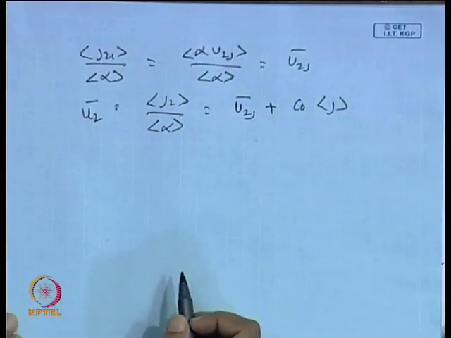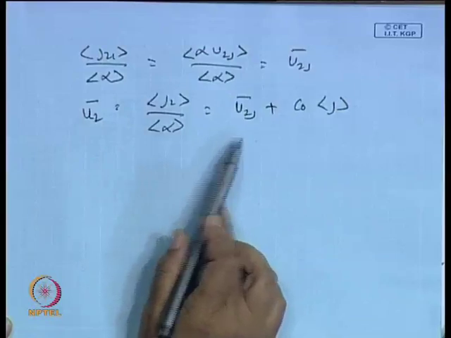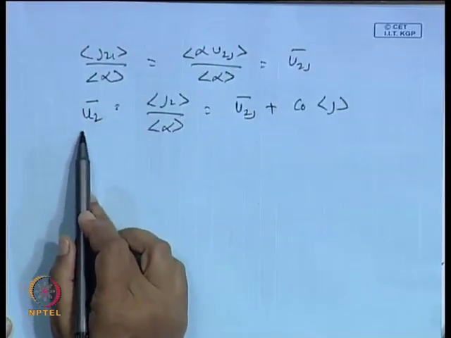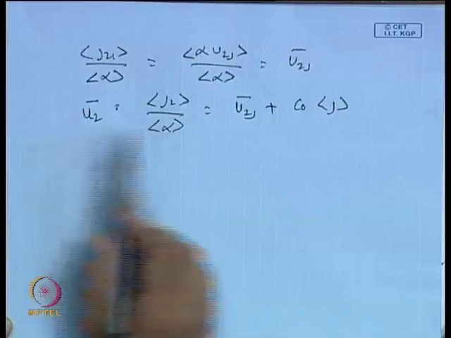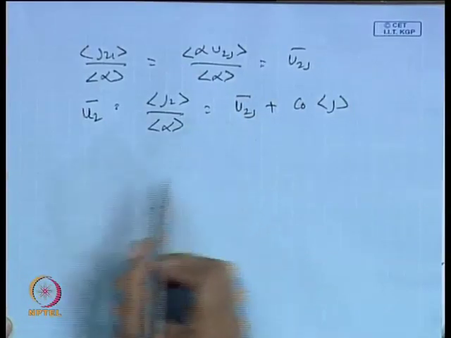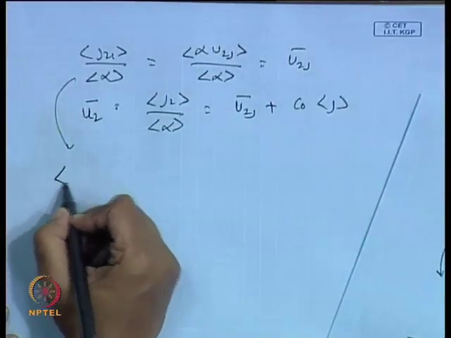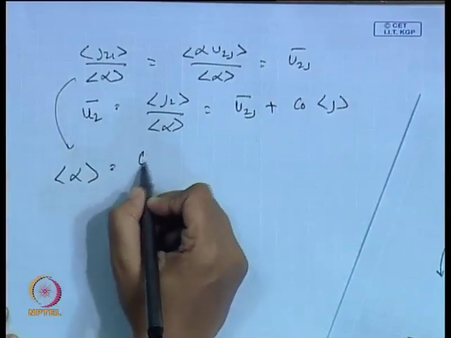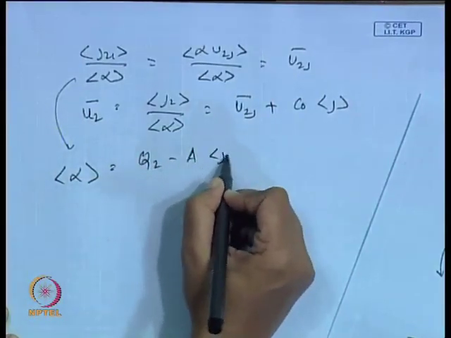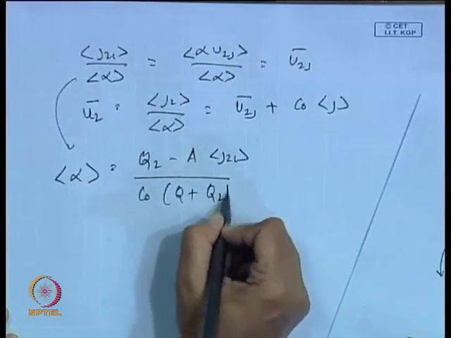In this particular way also we can write down the equation in terms of two weighted mean average values, the weighted mean average value of the velocity of phase 2 and the weighted mean average value of the drift velocity. From this particular expression we can get the expression of alpha, which is equal to q2 minus a J21 divided by C0 into q1 plus q2.